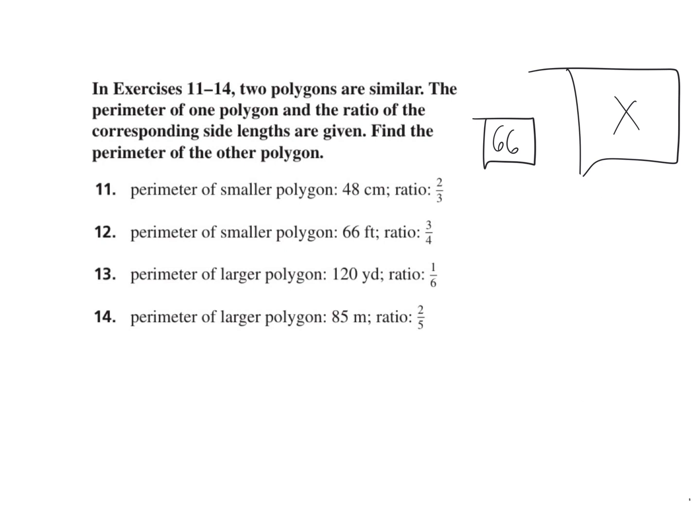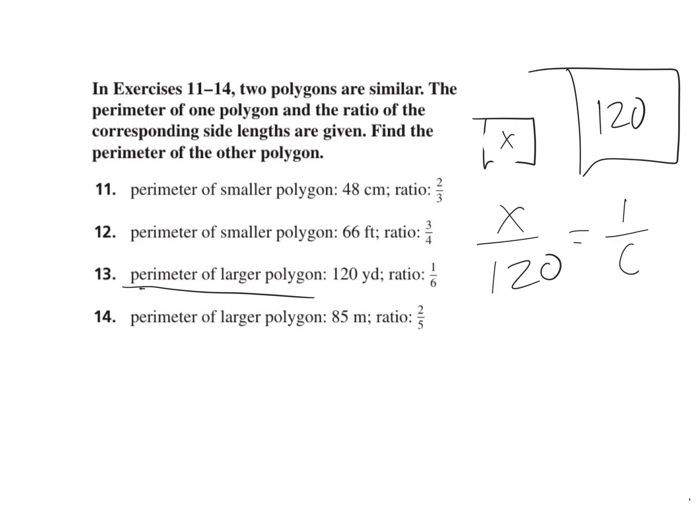All right, and now we want the perimeter of the smaller polygon. We have the larger polygon, that's 120 yards. We don't know the smaller one. And again, the ratio is 1 to 6. So since the smaller numbers are on top, we'll put x on top because it represents the smaller perimeter. And the ratio is 1 to 6 on the sides.